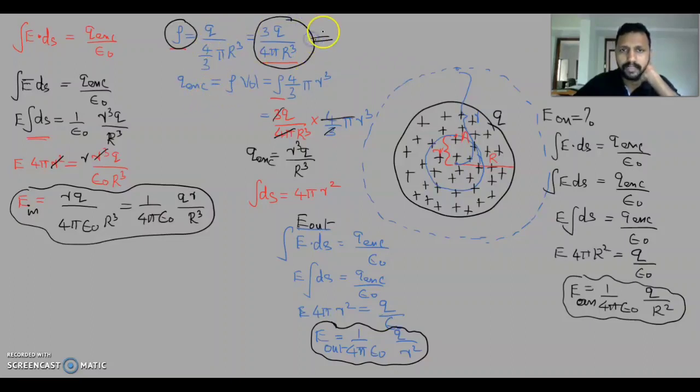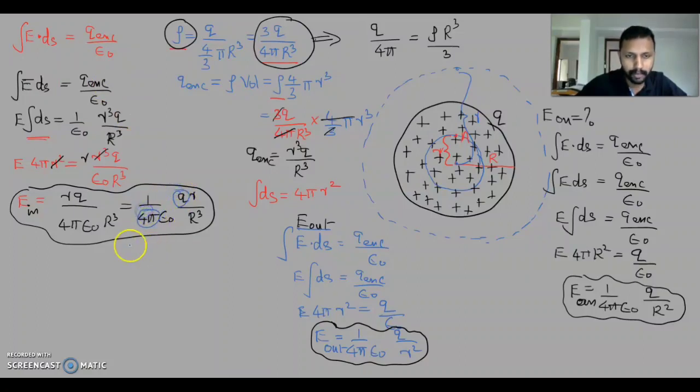Therefore, from this term, let me write, if I am retaining this q by 4 pi at one side, then we will get q by 4 pi is equal to rho capital R cube divided by 3. Is it clear?